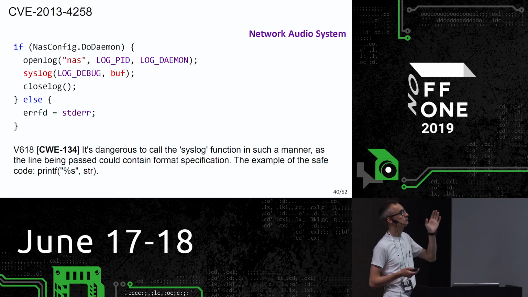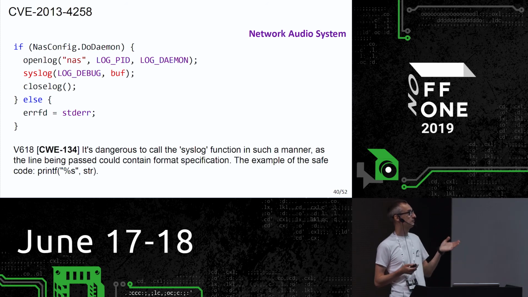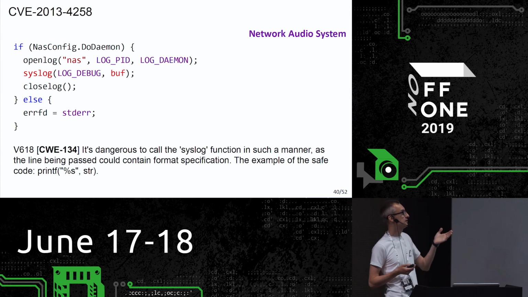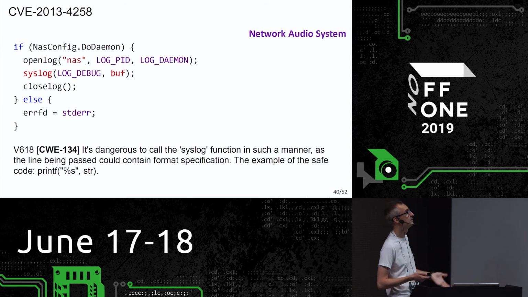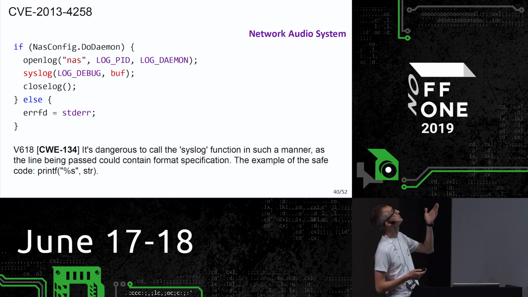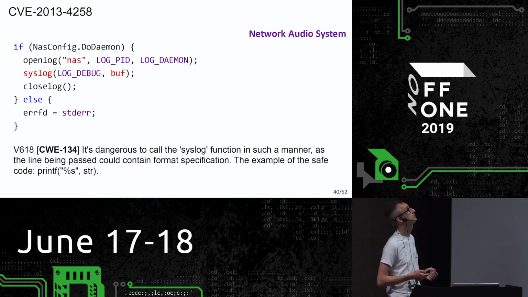So it's a real vulnerability which has been described, and because they have not used the specifier in a safe version, you could supply your own specifier and then dig into the memory of the processor in real time and extract some information which is not up to your level. It's a real vulnerability identified in 2013 in the NAS project.